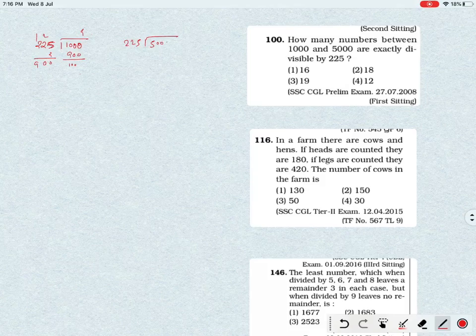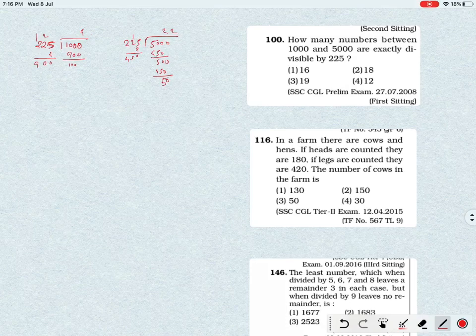We divide 5000 by 225. 225 into 22 gives 4950, and the remainder is 50.